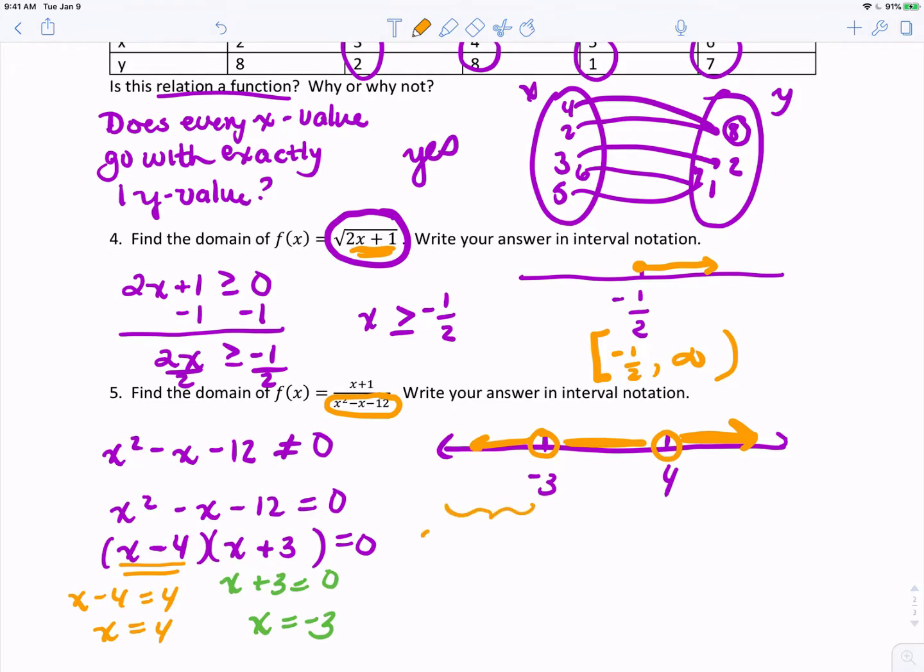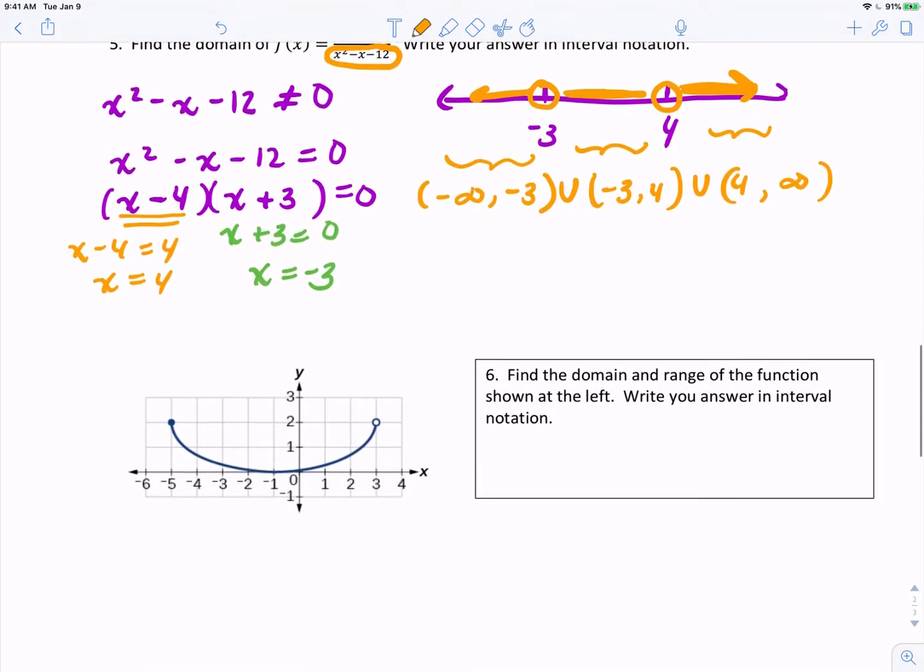This first piece would start at -infinity and go to -3 with the parenthesis because we're not including -3. This middle piece would start at -3 and go to 4, again with parentheses because we're not including -3 or 4. And this third piece would start at 4 and go to infinity. And in between these pieces, we put the symbol U, meaning we're going to unite all those pieces together.